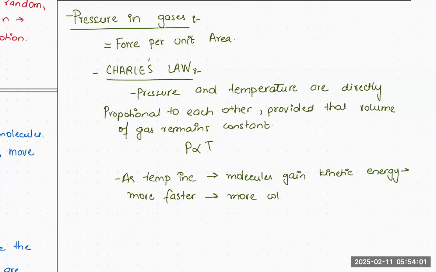As there will be more collisions with the wall of the container, what is going to happen? The molecules will exert force. And force per unit area is equal to pressure. So pressure also increases.